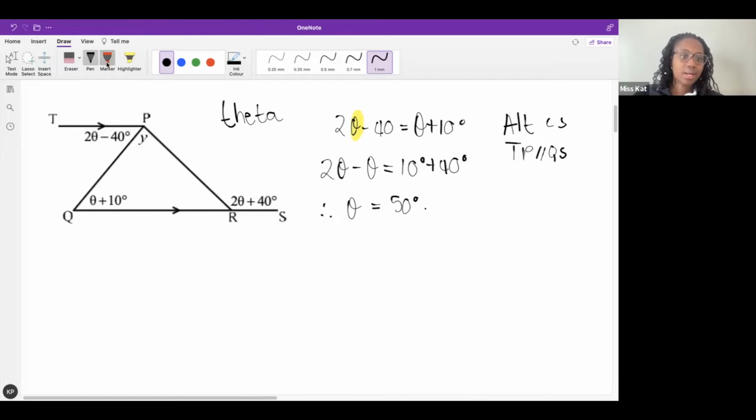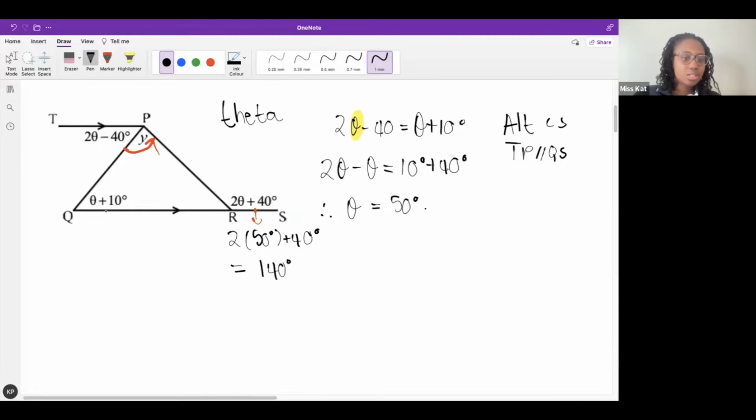Okay, now let's find y, guys. Does anyone have an idea how we're going to find y? We have theta, right? So then we can find out what the values of these angles are. This one is going to be 2 theta plus 40. That is 2 times 50 plus 40, which means it's 140.